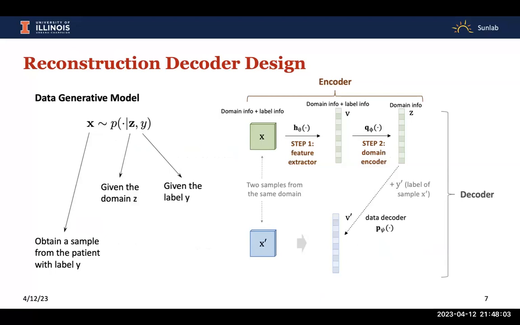To ensure that after encoder Q, this domain Z really only contains domain information, we build this reconstruction decoder design. This design is motivated by the data generation process.